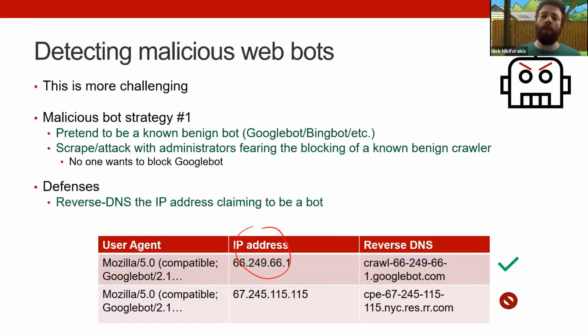So if you see Google bot, they'll just let you keep going as opposed to stopping you early if you are a user who's sending the same number of requests at the same frequency, right? So that's the idea. So this is kind of straightforward, right? If a malicious web bot is trying to pretend to be a benign web bot, we have ways of differentiating that, at least for the large companies.